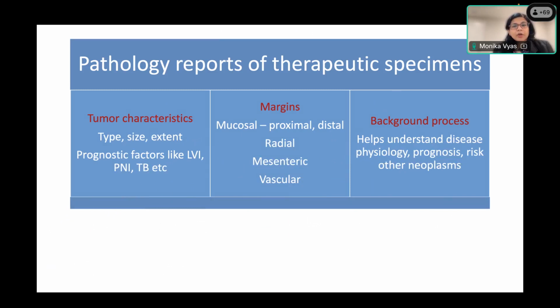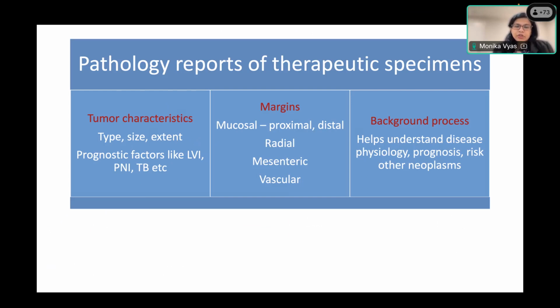Pathology reports from therapeutic specimens should cover these important characteristics. We definitely have to talk about the tumor characteristics: what type of tumor we're seeing, what the size of the tumor is, and what the extent of involvement is, especially involving the layers of the bowel wall. Then we also comment on prognostic factors such as lymphovascular invasion, perineural invasion, tumor budding, etc. Also, we have to talk about the margins.